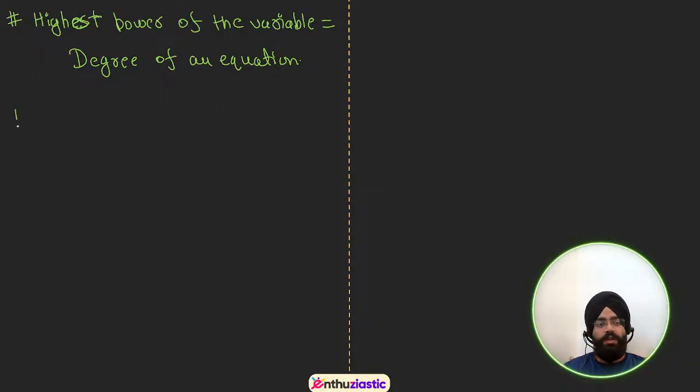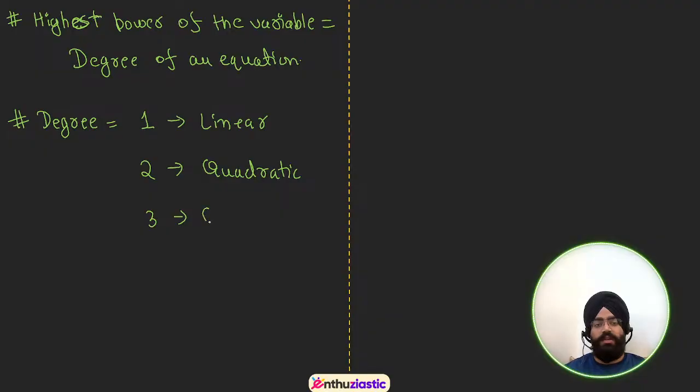Now, when the degree comes out to be 1, we will call it a linear equation. When the degree is 2, we will call it a quadratic equation, and when the degree is 3, we will call it a cubic equation.